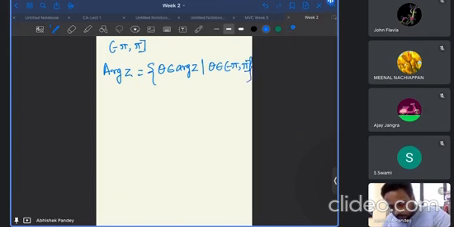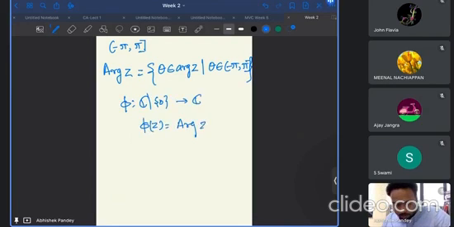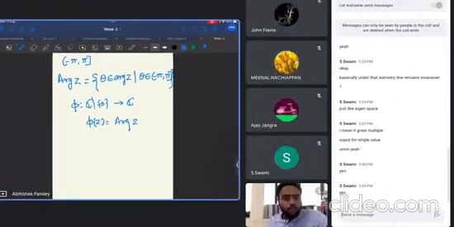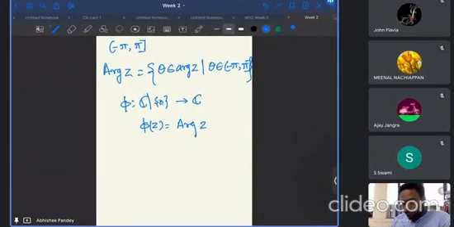Now just tell me whether phi from C minus 0 to C, phi of Z equal to capital argument of Z, is a function or not. Now this is single valued. Capital argument of Z is the collection of all theta belonging to argument of Z such that theta lies in minus pi to pi. So there will be a unique theta. So this is a function, and for each Z there will be a unique value.